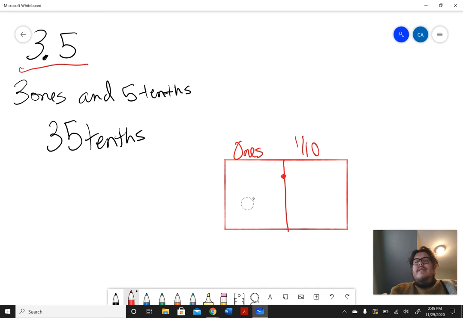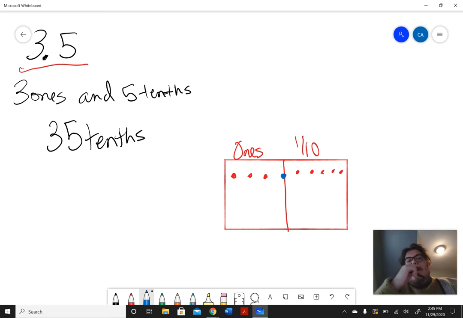I'm actually going to do dots because I think they illustrate this point better. We have 3 ones and 5/10, correct? I'm going to make this a different color so I don't get confused.